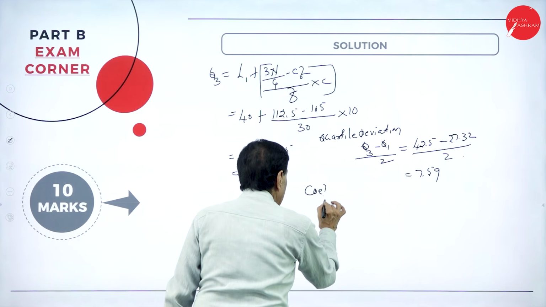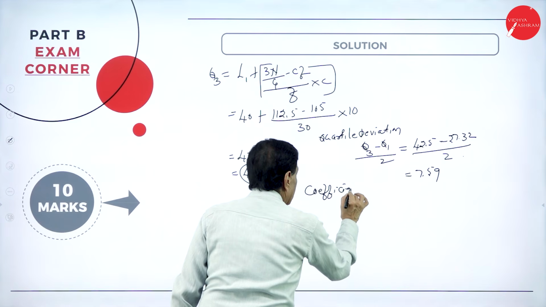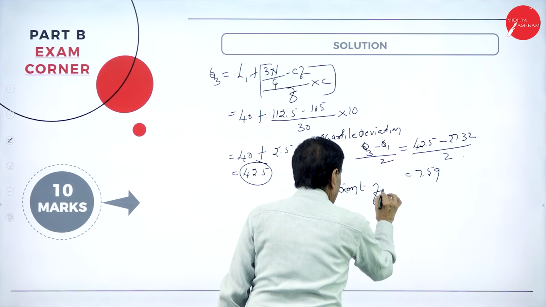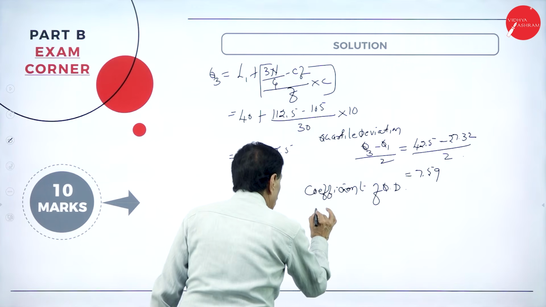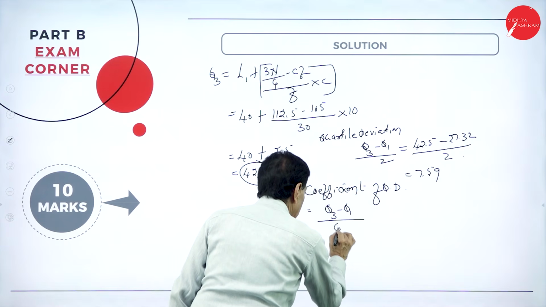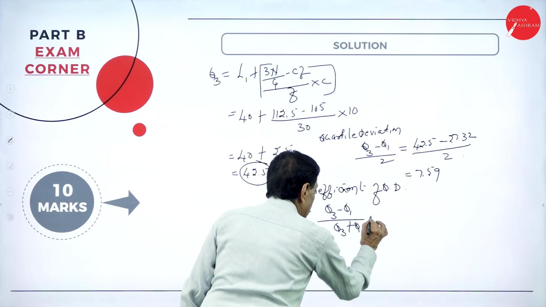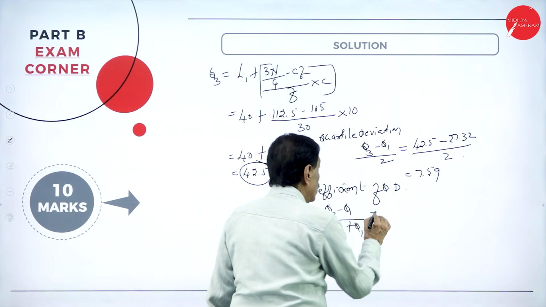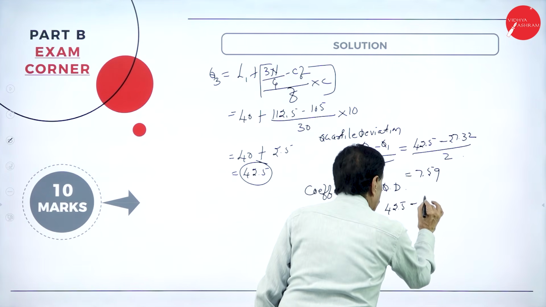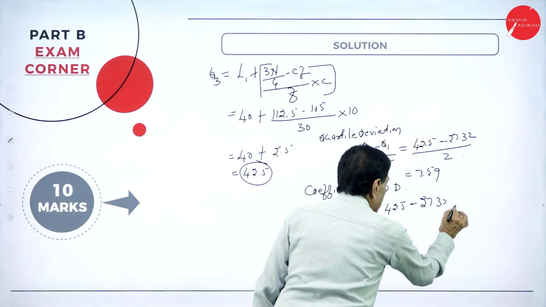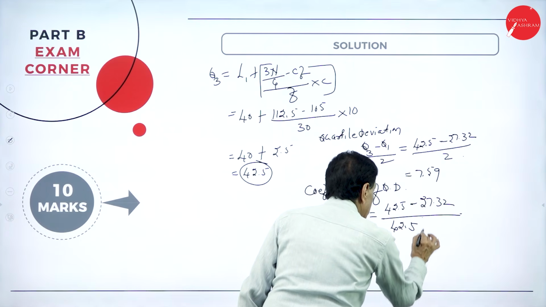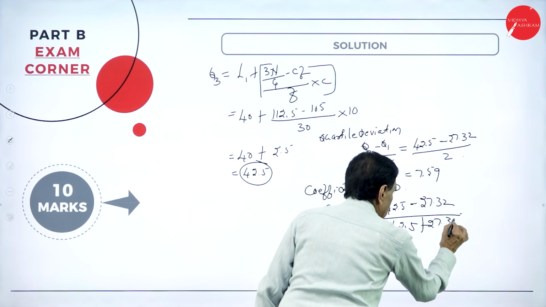Then coefficient of quartile deviation is equal to Q3 minus Q1 divided by Q3 plus Q1. This is 42.5 minus 27.32 divided by 42.5 plus 27.32.